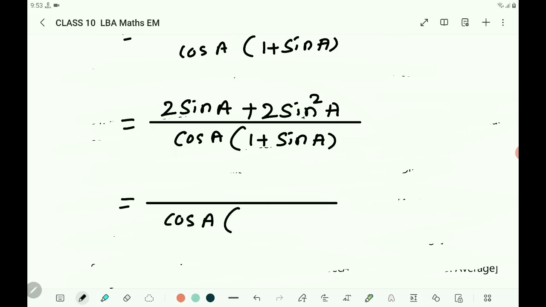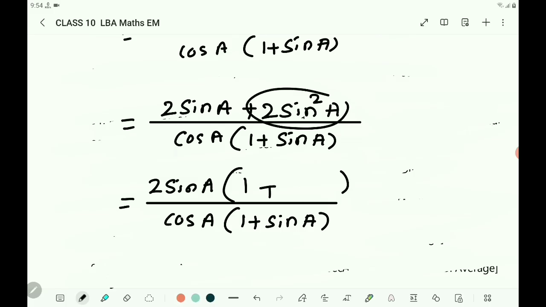cos A into 1 plus sin A. Here you can remove 2 sin A common. Remove that outside. And in the bracket what is remaining? In this term what is remaining? 1. Plus here 2 sin A is outside.